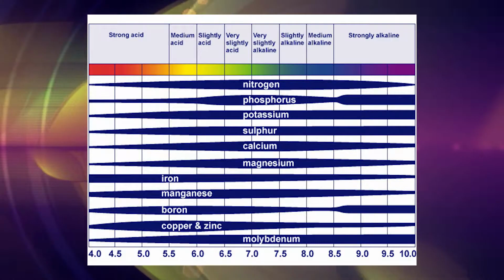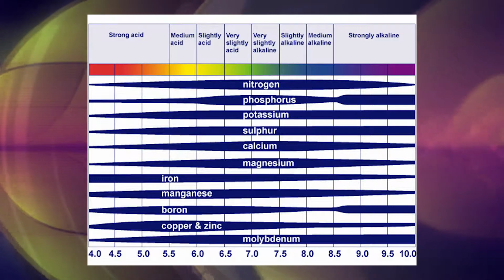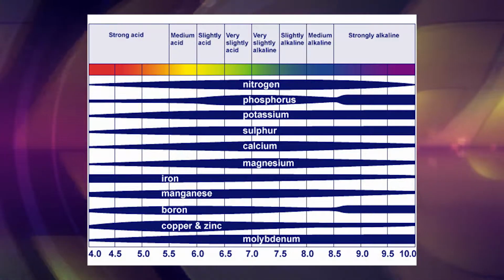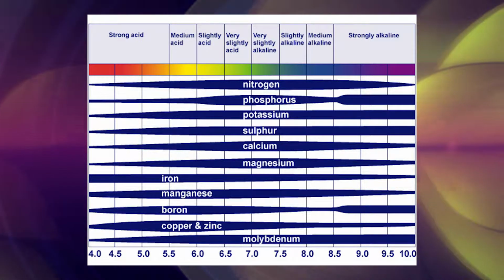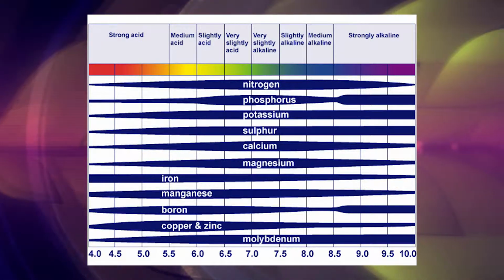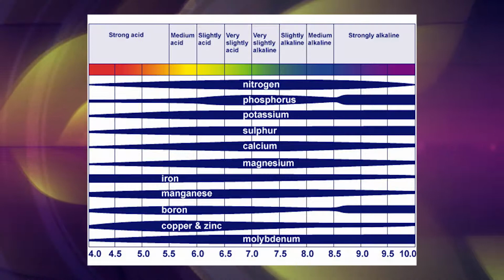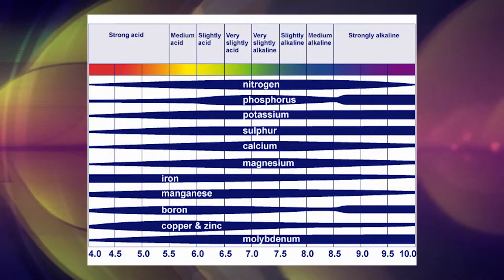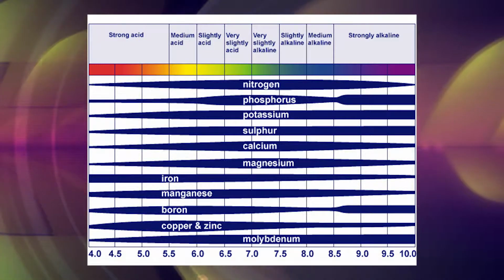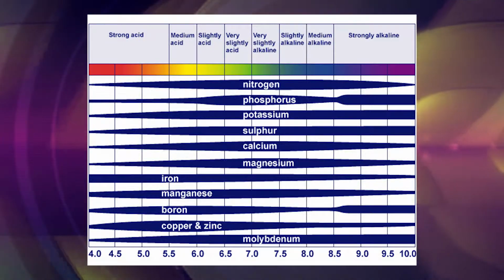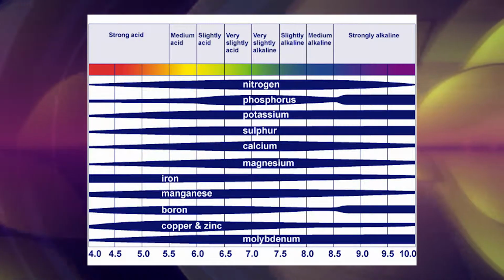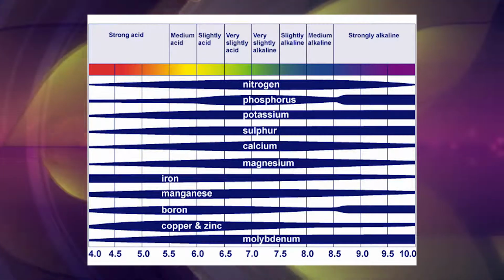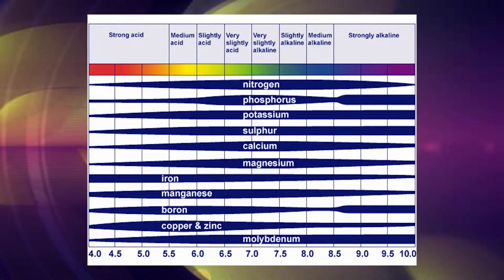Each bar in this chart corresponds to a particular nutrient, and the size of those bars indicates the relative availability of that nutrient. So notice to the left of 7, where it is strongly acidic, the bars for nitrogen, phosphorus, potassium, sulfur, calcium, magnesium, and molybdenum are thinner. To the right of 7, where it is slightly to medium alkaline, the bars for iron, manganese, boron, copper, and zinc are narrow.